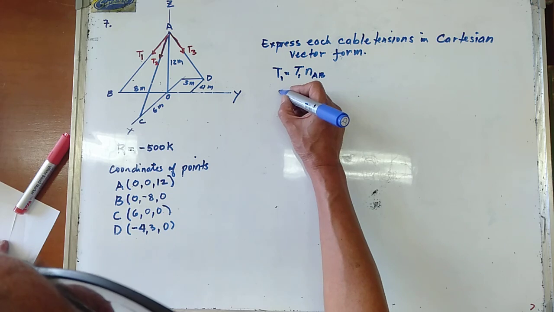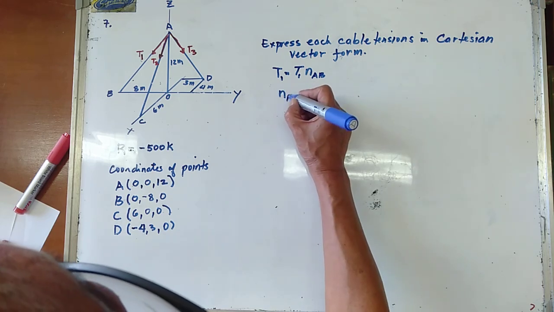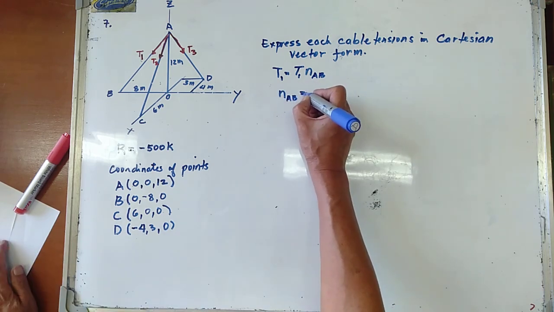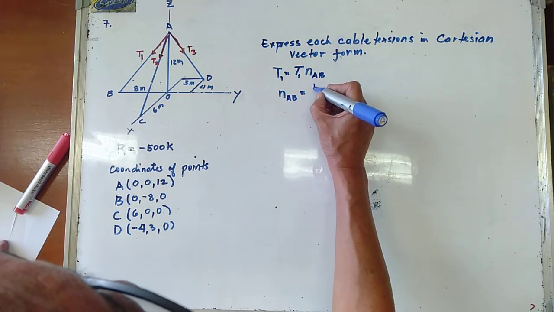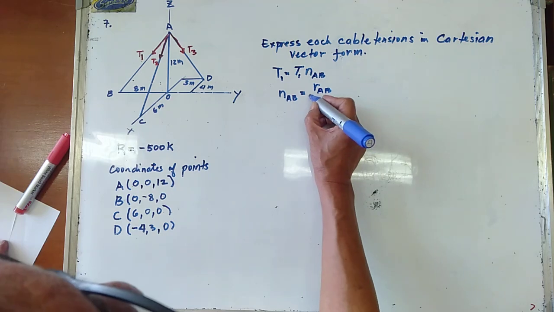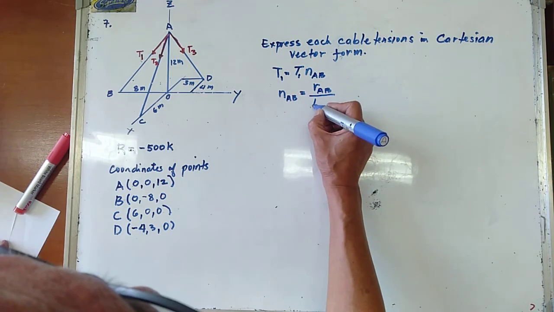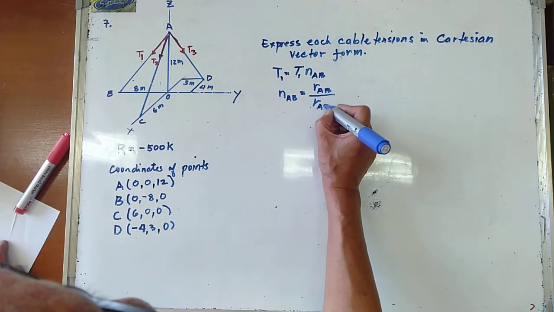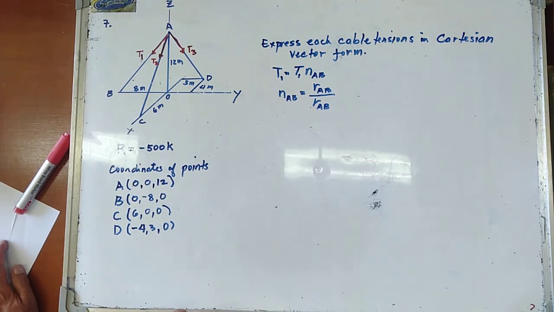So the unit vector AB is equal to the position vector in the direction AB over the magnitude of that position vector.